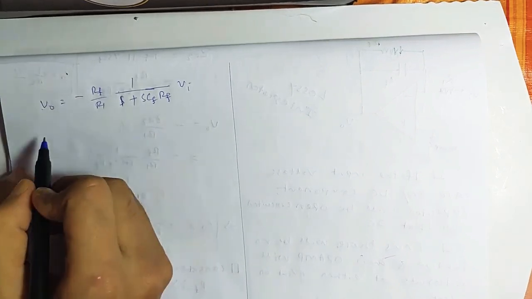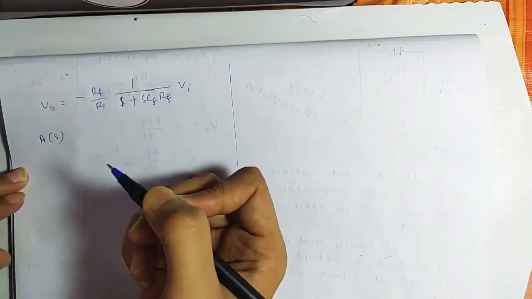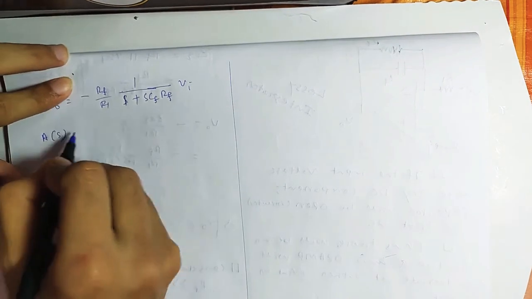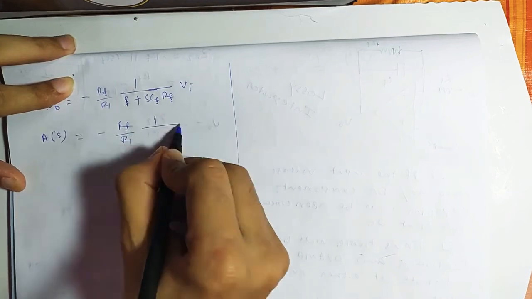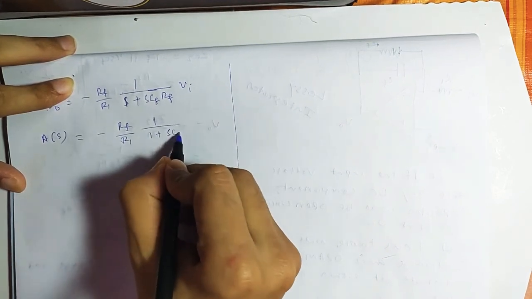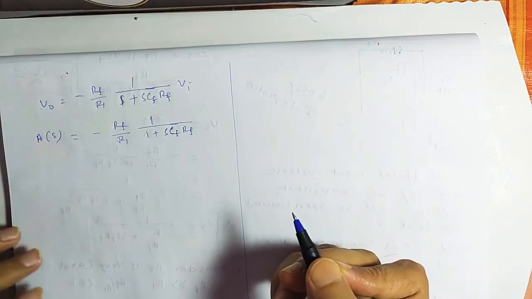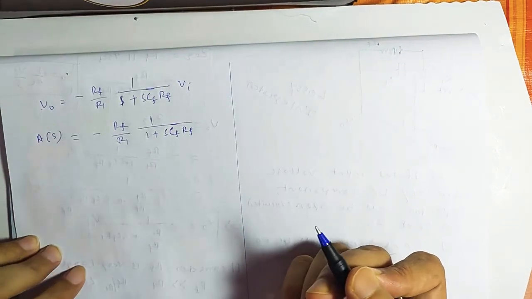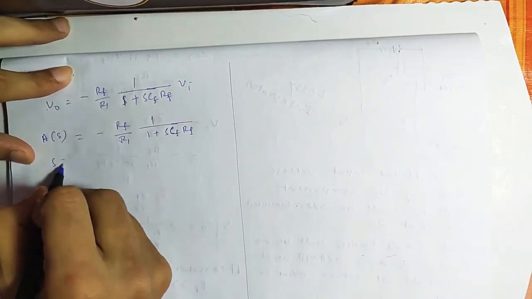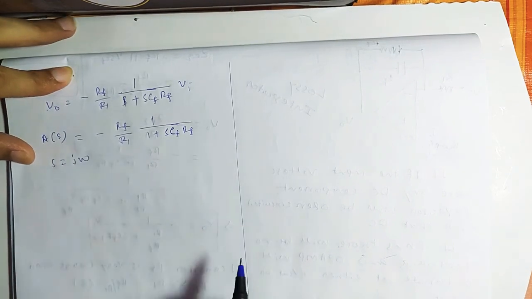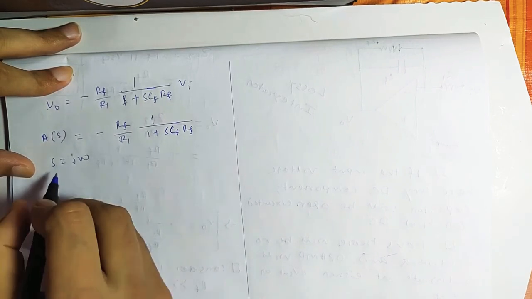So the gain of this integrator, A, which is a function of S, equals minus RF by R1 times 1 by 1 plus S CF RF. Now we know the relation between Laplace and Fourier: whenever we put S equal to j omega, then you can find the frequency response.